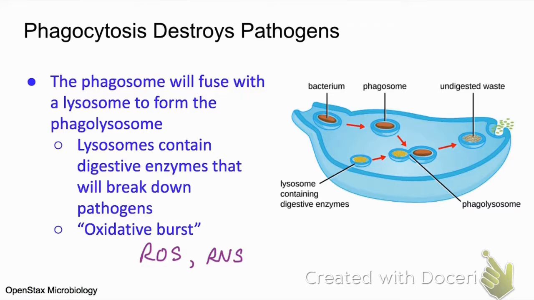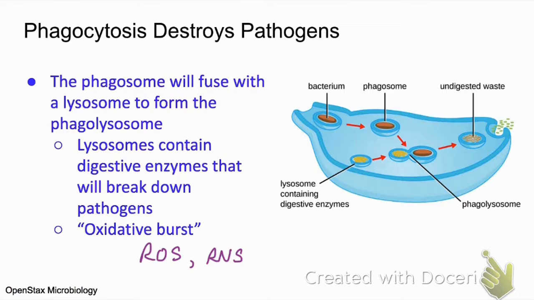Examples of reactive oxygen species include hydrogen peroxide and ozone. An example of a reactive nitrogen species includes nitric oxide. Both of these will cause the oxidation of macromolecules. The oxidation of proteins and DNA will lead to not only a change in the structure of these macromolecules, but will also cause a loss in their function.